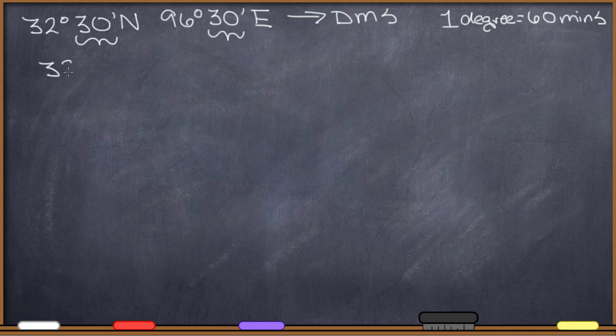So this is 32.5 degrees north, and 96.5 degrees east. Because 30 is half of 60, I know that I'm half a degree. And this is decimal degree format, DD format.